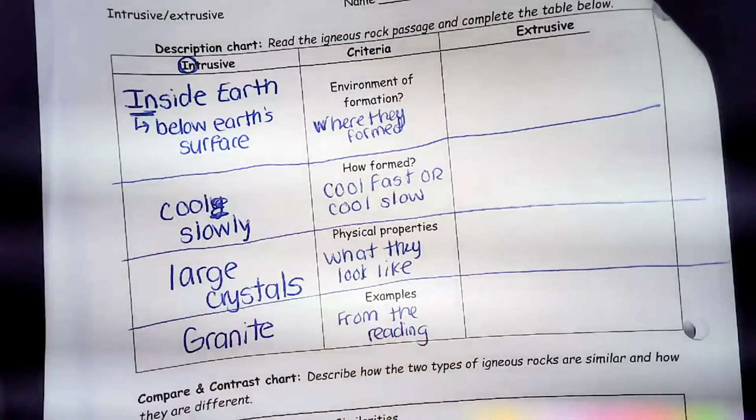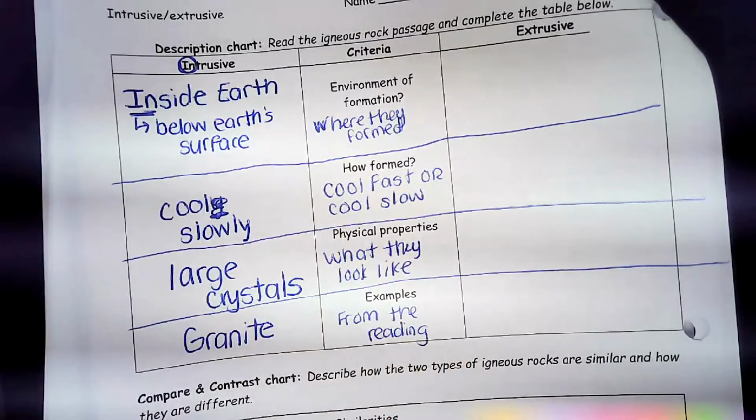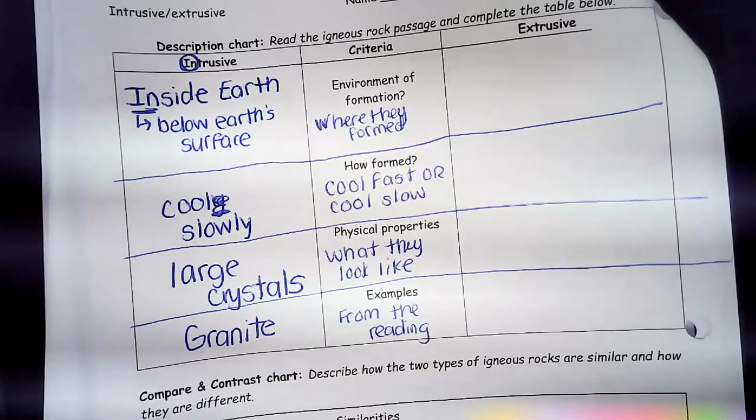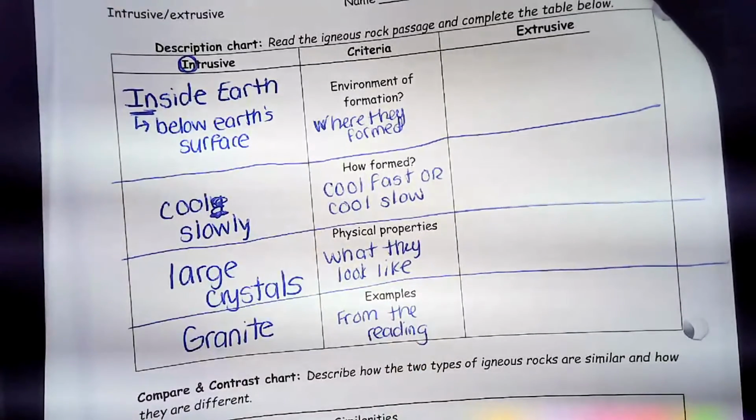This is what you need to know about intrusive igneous rocks. If your answers say anything different, make sure you at least have these underlined, bolded, starred, or something. You need to know that intrusive rocks form inside Earth. Because they're inside, that means they cool slowly. And because they cool slowly, it gives the crystals a long time to grow.